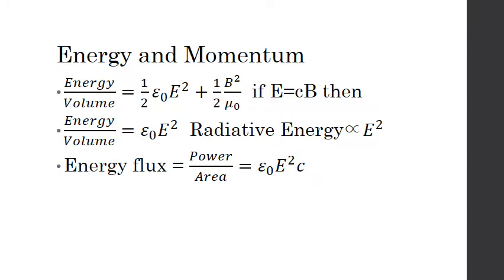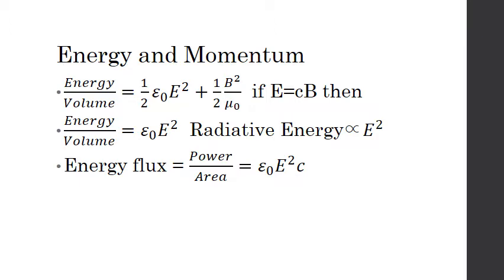Now, what we want is energy flux, and that is defined as power divided by area. Remember, power is energy per unit time. Now, this also goes by a couple other names. One of them is intensity, or if it's the intensity of the sun we're talking about, it's referred to as insolation.